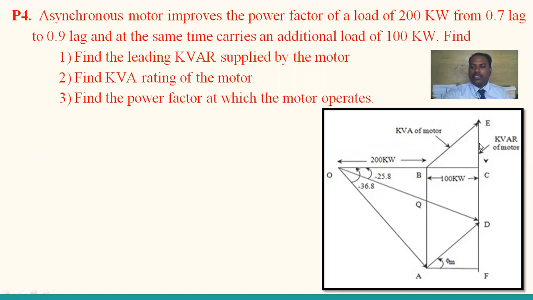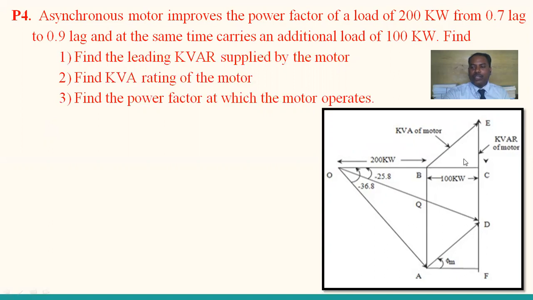Real power is there, reactive power is there, so the apparent power is to be calculated. That is the kVA of the motor, the PQS. So triangle BEC belongs to the motor power triangle.